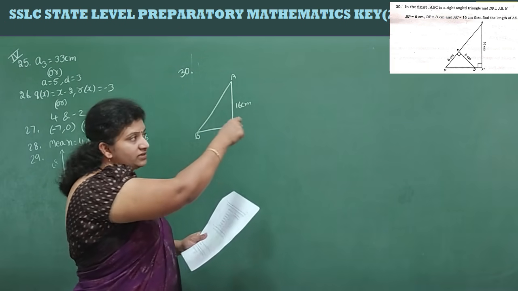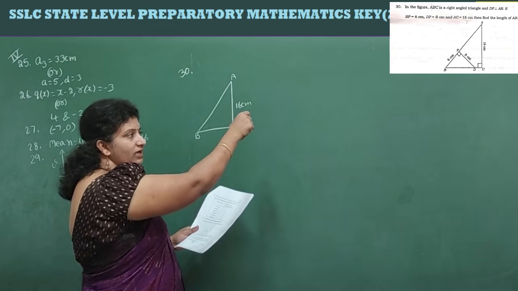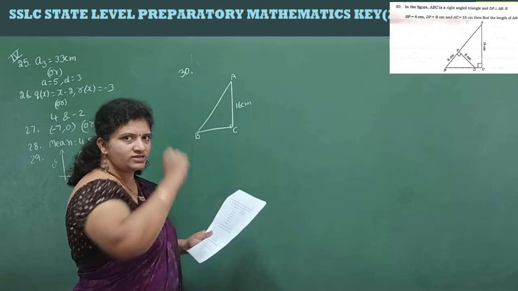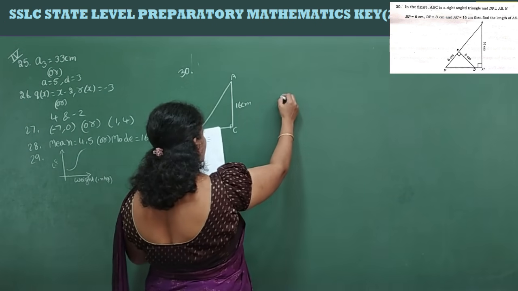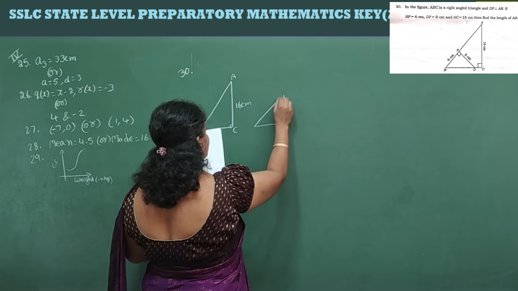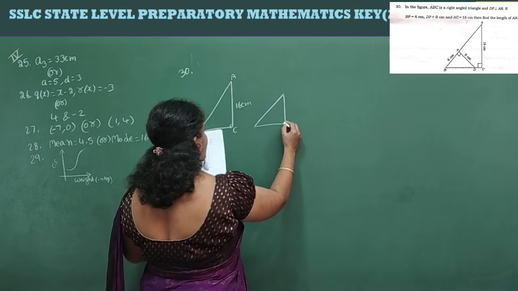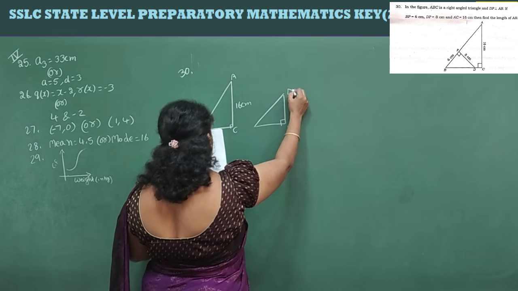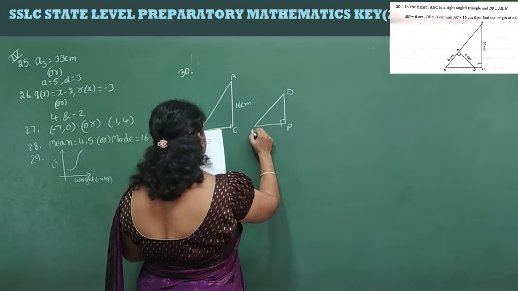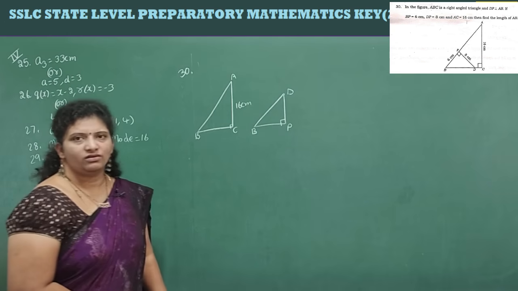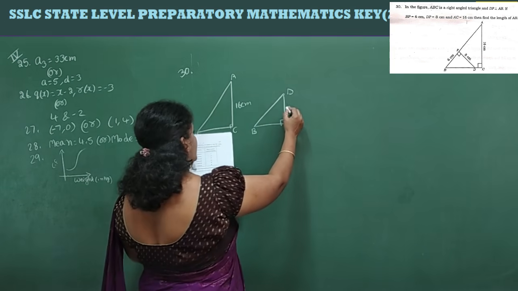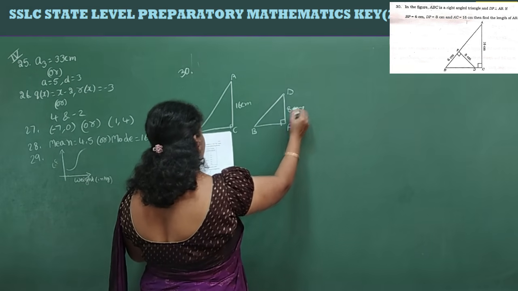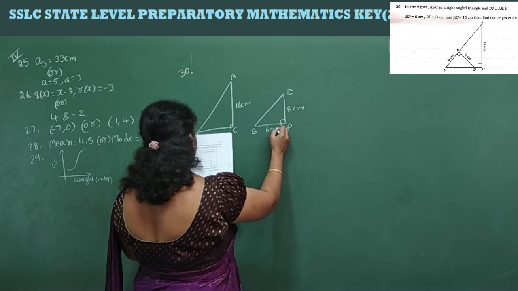See the other triangle, okay? So lift that small triangle and draw it aside. So how will it be? Right angle like this, okay? And now this is the right angle and this will be D and this is B, right? And DP given 8 centimeters, BP given 6 centimeters.